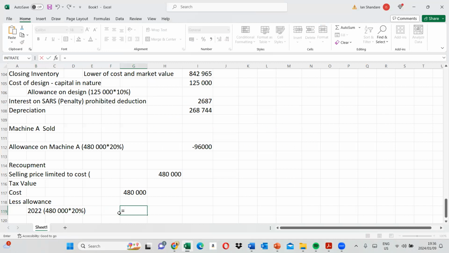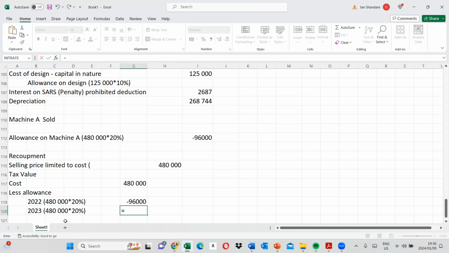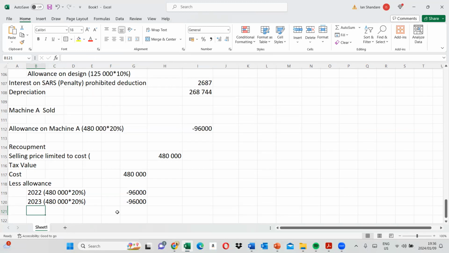And then 2023, you also have 480 times 20%. It gives you the same amount. So you have it sitting there, and then you net off these amounts to get your tax value.